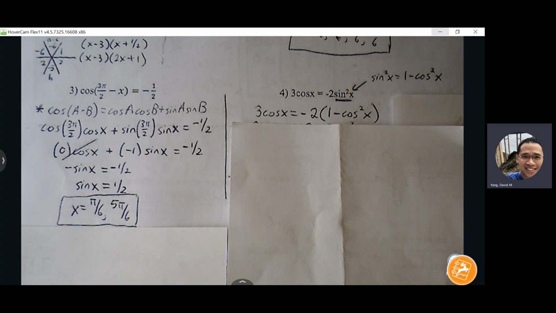Replace sine squared with 1 minus cosine squared. Distribute the -2. Everything's in terms of cosine, so just work towards getting everything on the same side of the equation. Probably a trinomial factoring problem here.